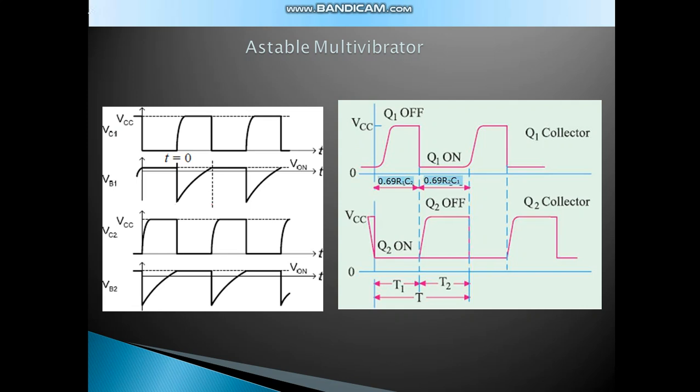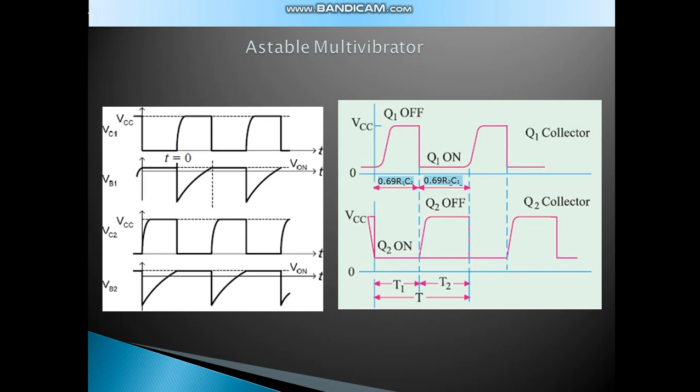So this is the waveform of the astable multivibrator. When Q1 is off, the voltage at the output will be VCC. When Q1 is on, the voltage at the transistor Q1 is 0.